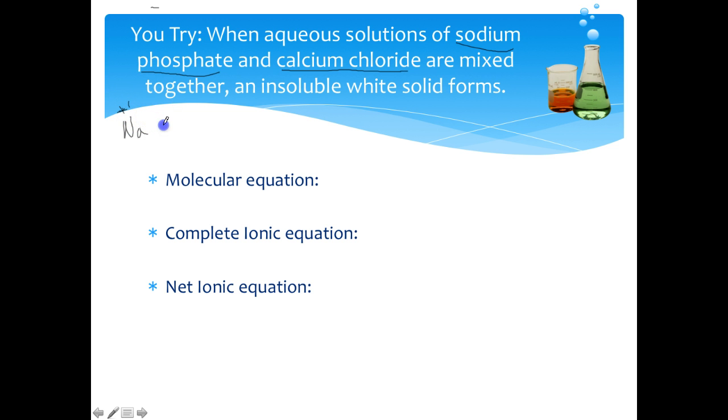And phosphate is PO4, and it has a charge of -3. So to get those to equal 0, that's going to be Na3PO4. So I can write that down over here under molecular. I am happy with that.